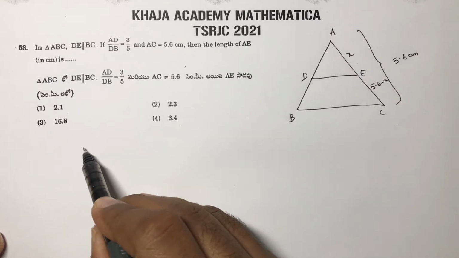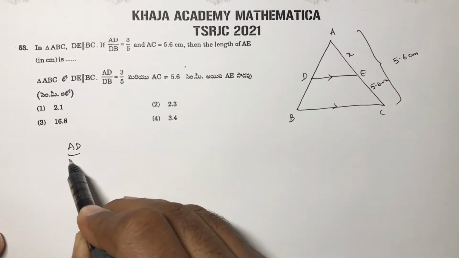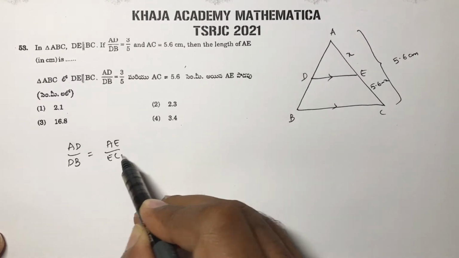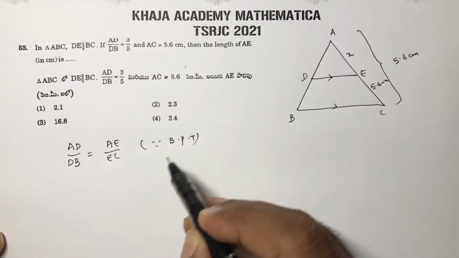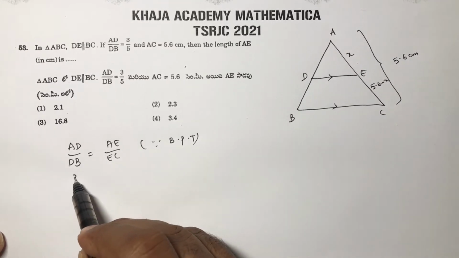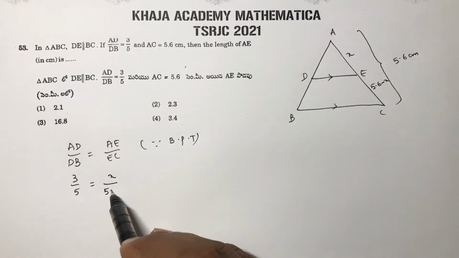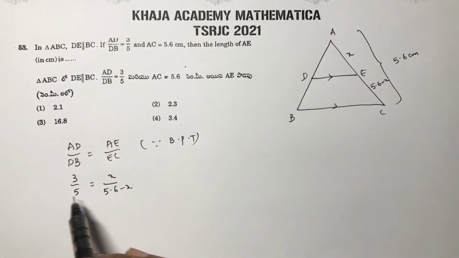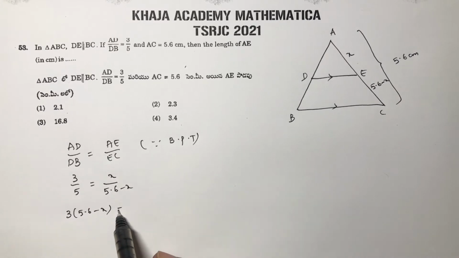Now if we apply BPT, as it is parallel, AD by DB equals AE by EC. Because of BPT, the basic proportionality theorem, AD by DB is 3 by 5, and this is X by 5.6 minus X. If we cross multiply, 3 times (5.6 minus X) equals 5X.